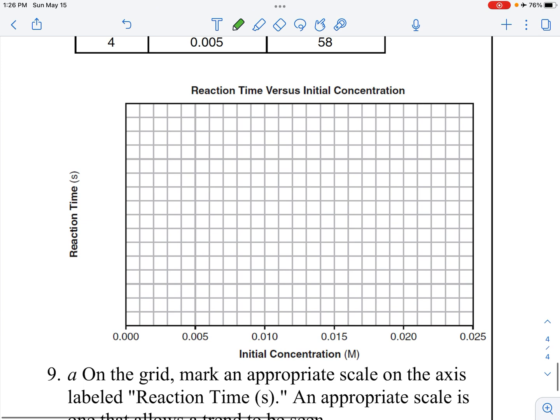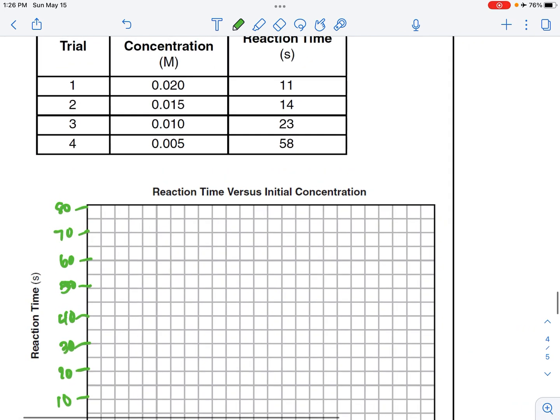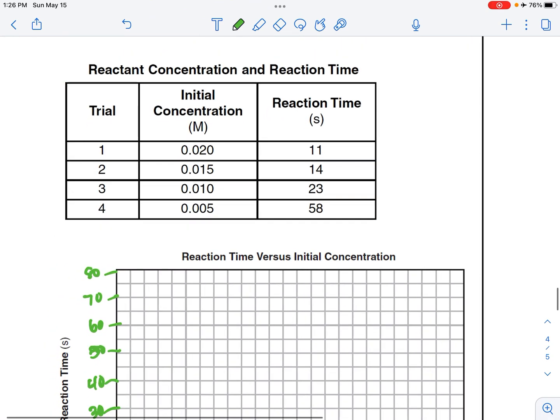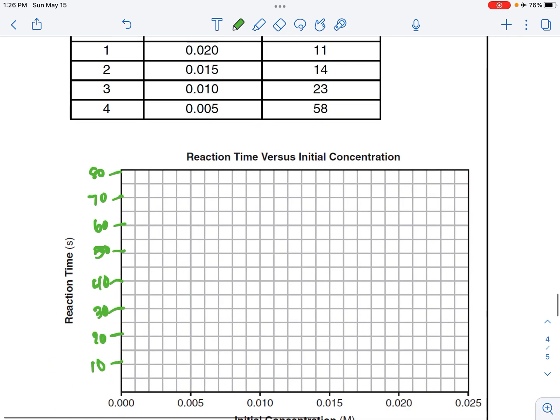Will it stay there? 60, 70. Okay, so those are our reaction times. Trial 1 is at 11 with a concentration of 0.20. 0.20, 11. So be like right there.